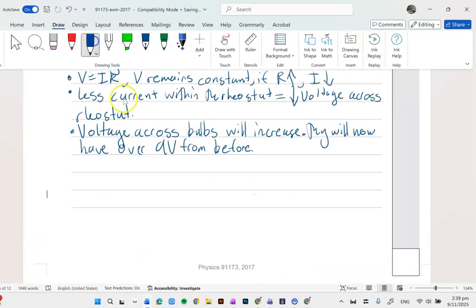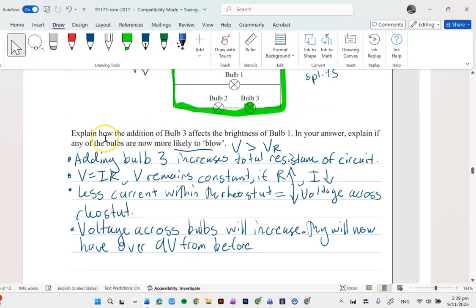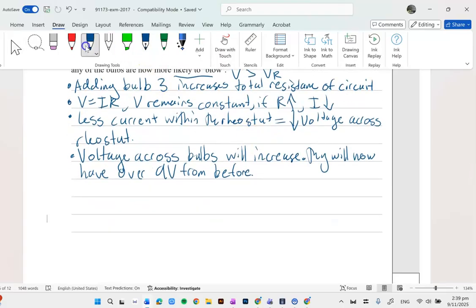We also need to remember to talk about how adding bulb 3 affects the brightness of bulb 1. So let's quickly do that. Since P equals V squared over resistance, which is a new formula not given on the formula sheet but one you can memorize, it's quite helpful, and it's linked to brightness.